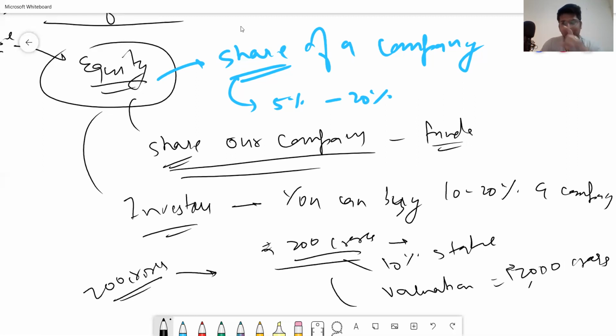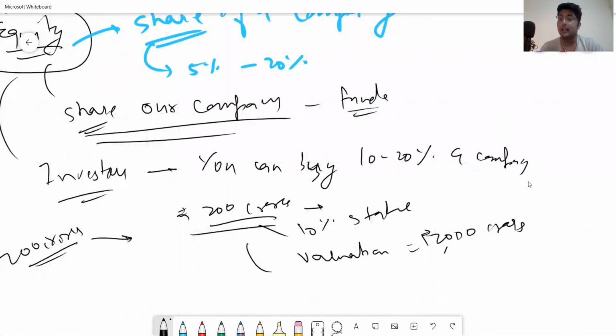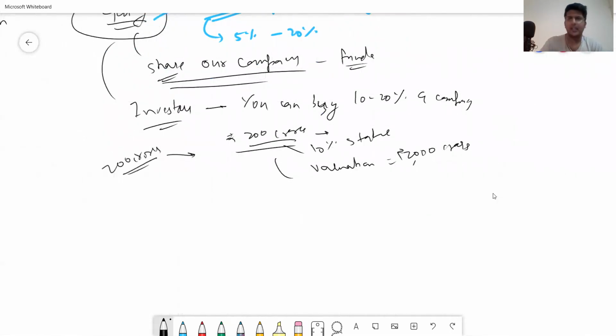Now, if the valuation of the company is 2000 crores at this point of time, and they're taking 200 crores simply as funds to do some project, in next 5 years, if they keep on doing the right things, they're able to generate revenue, get the brand value and generate income, every single thing in the right manner. What if the new valuation of the company becomes 5,000 crores?